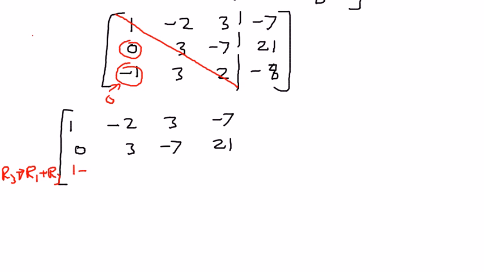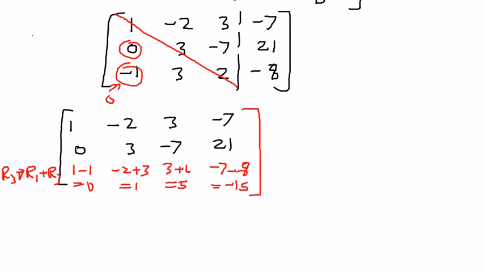So 1 minus 1 will be 0, -2 plus 3 will be 1, 3 plus 2 will be equal to 5, and -7 minus 8 is going to be equal to -15.